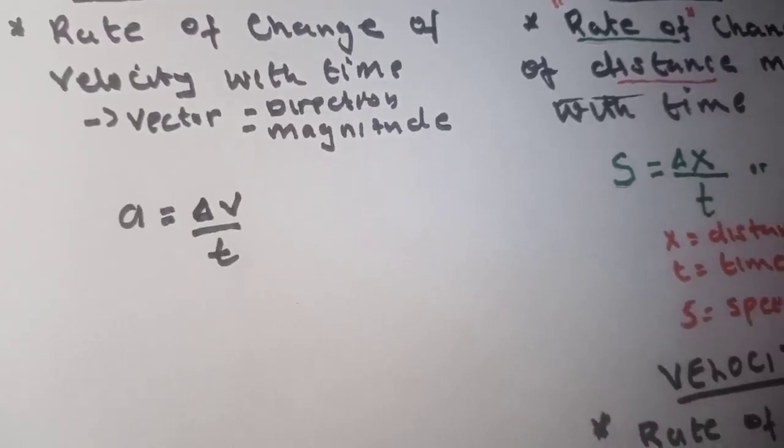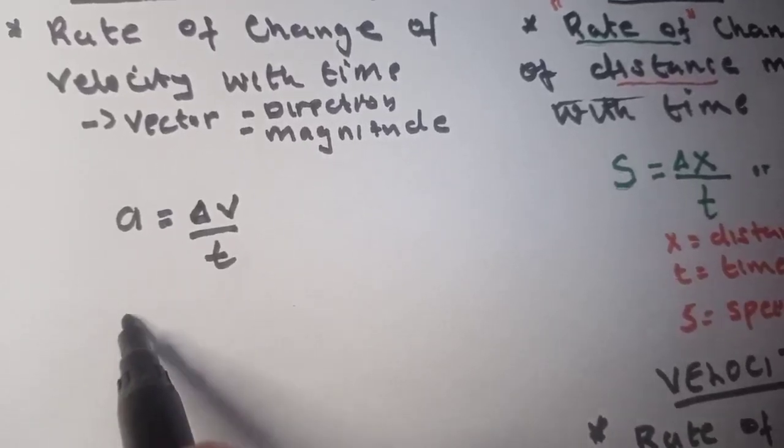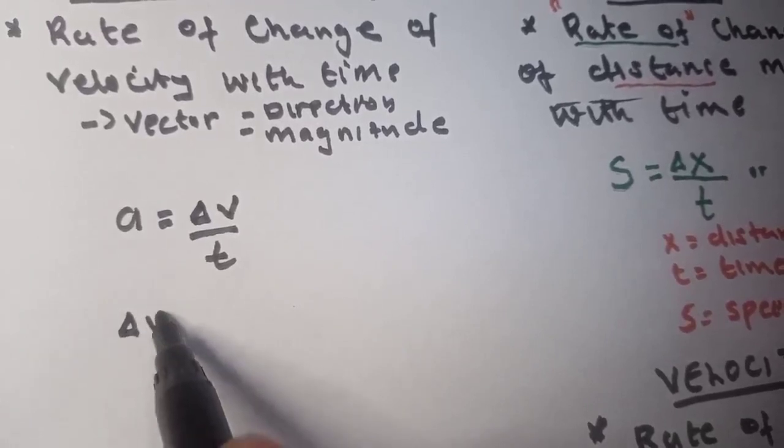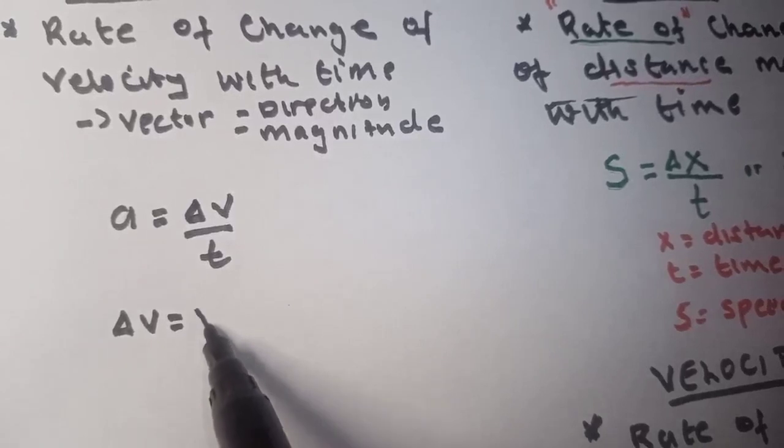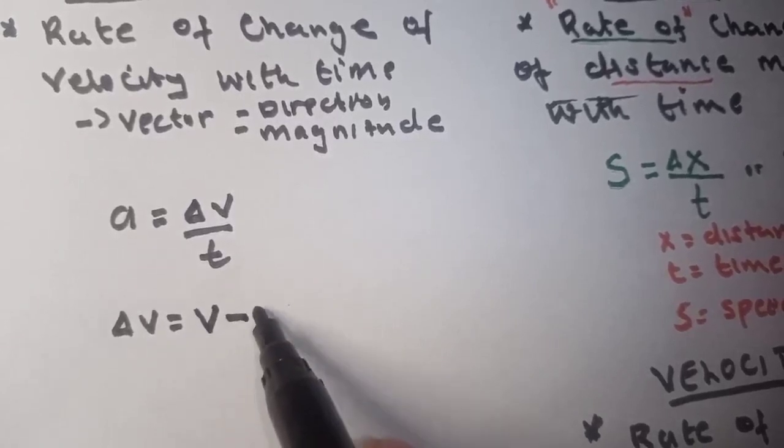Okay, so now let's look at what is this change of velocity that we're talking about. So change of velocity simply means that it's a change from what to what. So when you say something has changed, meaning it's moving from something going to somewhere. So this change of velocity is the same as v minus what?